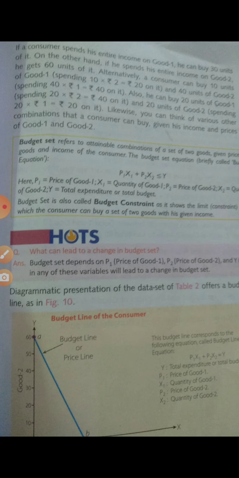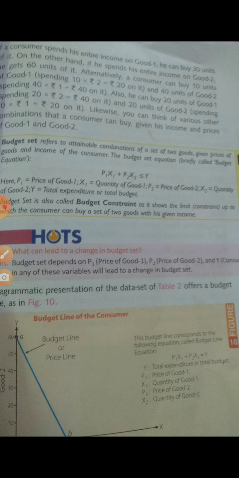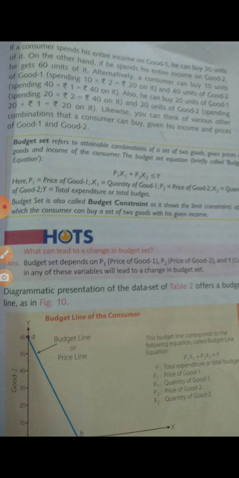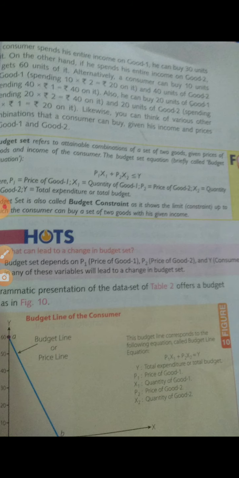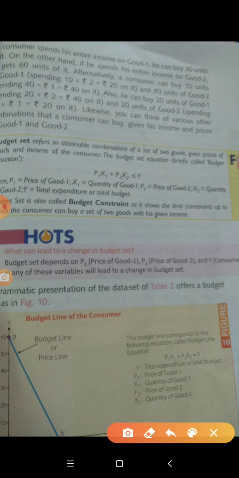After this we have budget set. What does budget set refer to? It refers to the attainable combinations of a set of two goods given prices of goods and income of the consumer. So we have two goods, and the prices of both the goods may vary, or they may be the same. Look at the equation. So what is a budget set?